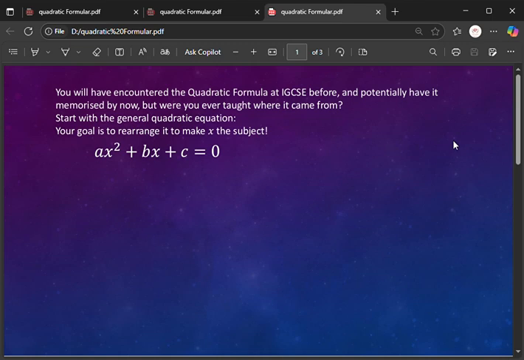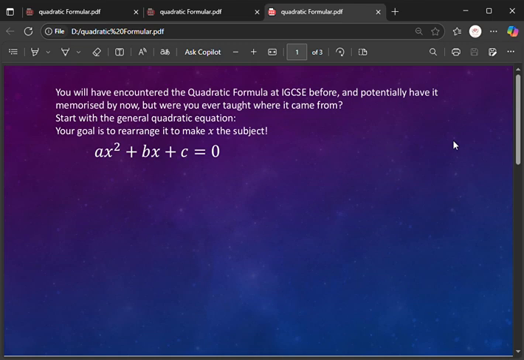And number three, does this quadratic have roots at all? Actually, some quadratics don't have roots. So we are going to look at that part, and you will also learn a new term under the quadratic formula called the discriminant.